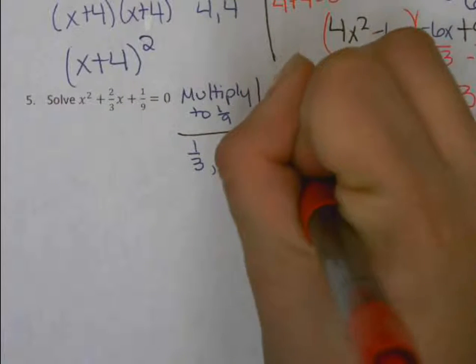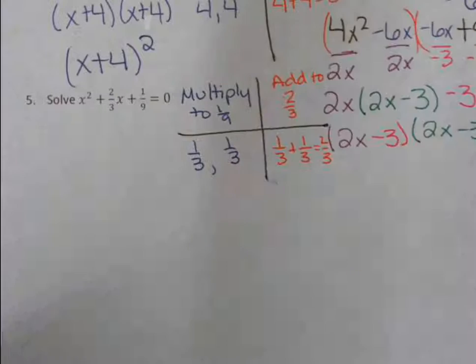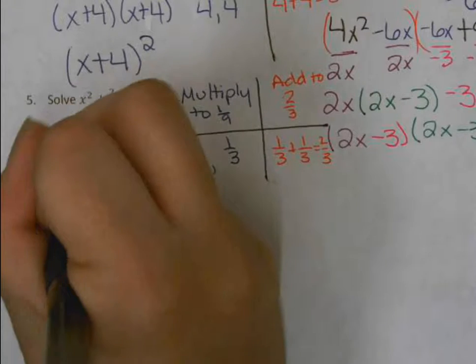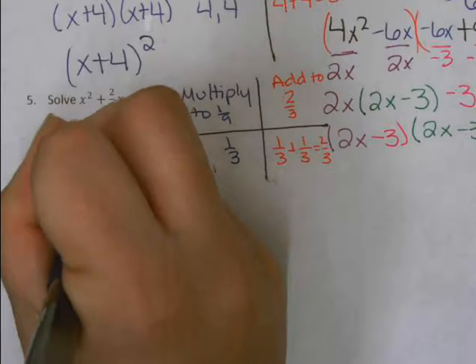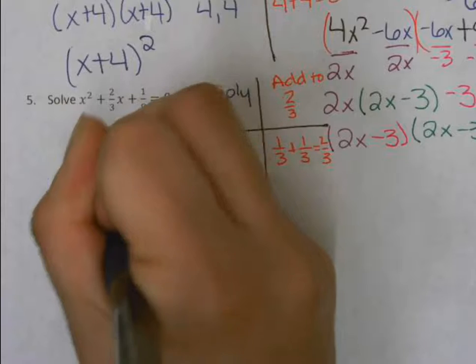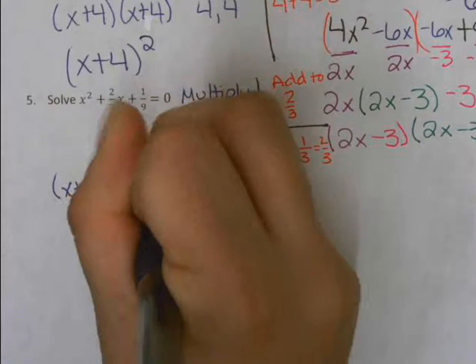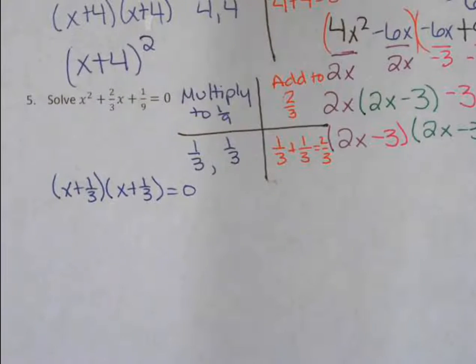So 1/3 plus 1/3 equals 2/3. That's what I wanted, right? So then I'm going to write x plus 1/3 times x plus 1/3 equals 0.